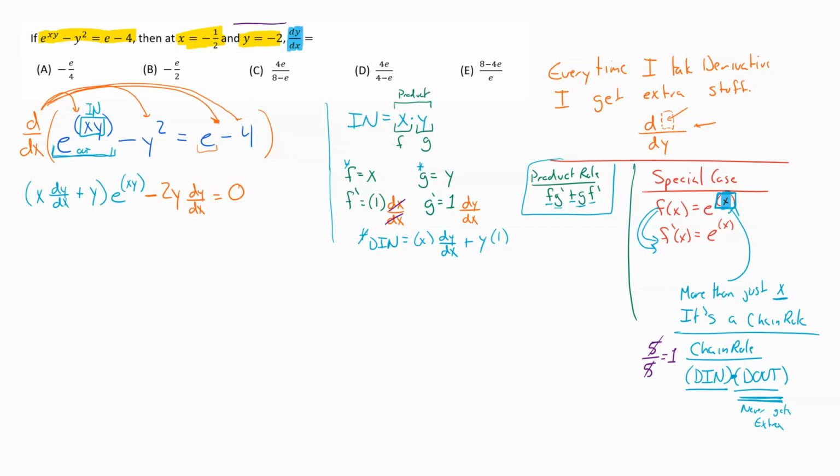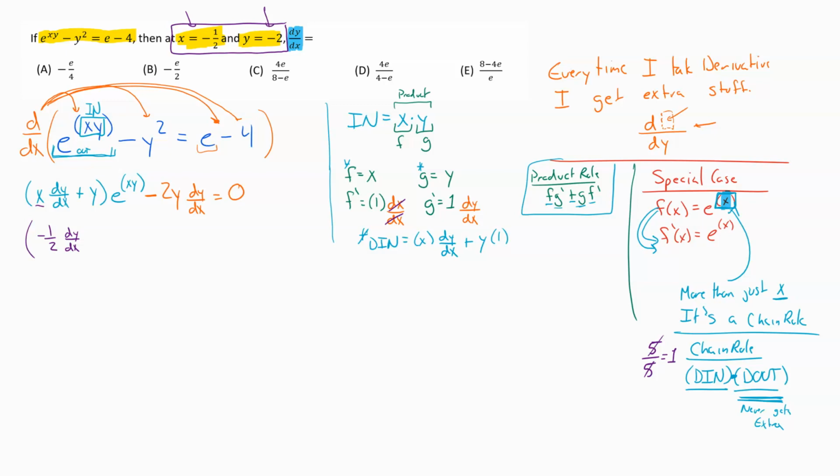Well, if I have values for x and y, if they're not asking me to just get a generic equation, I go ahead and I plug those x and y values in now. It just kind of makes algebra a little bit easier when you don't have all these x's and y's and dy dx's all over the place. So plugging in for x, I would have -1/2. Then I would get dy dx, that's what I'm looking for, plus plugging in for y, I would get a -2.